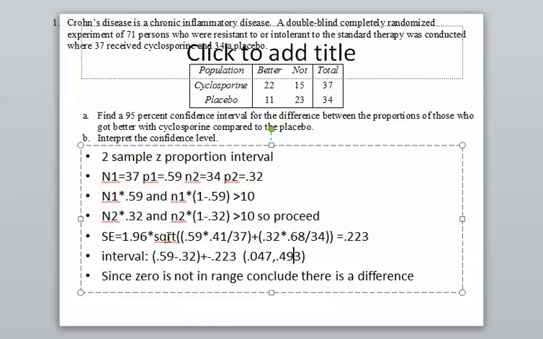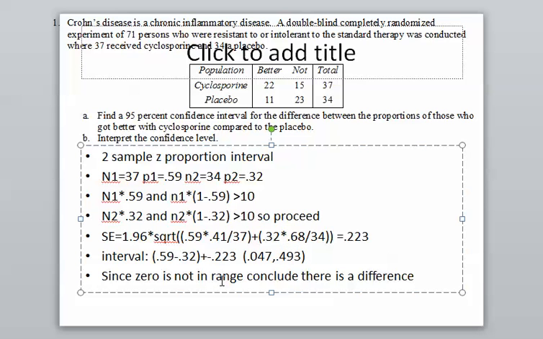Oh, my interval for the difference here. So I took the 0.59, subtracted the 0.32, plus or minus the 0.223, and that's what gives me this 0.047 to 0.493. You notice 0 is not in that range.